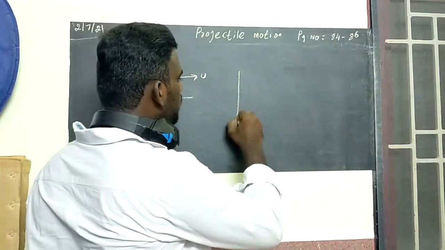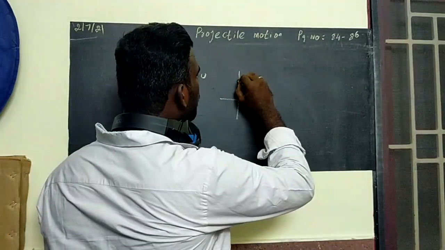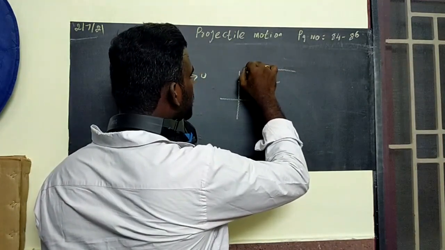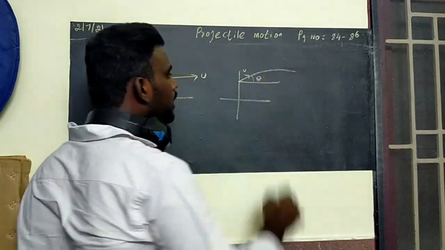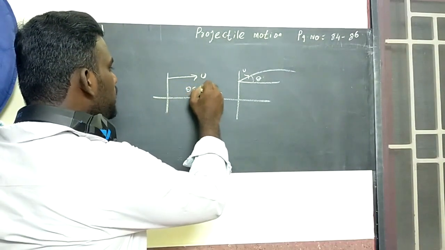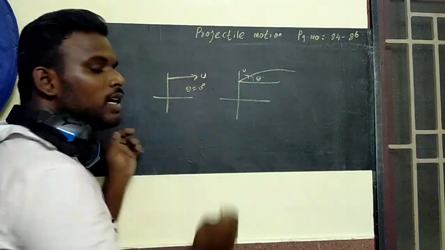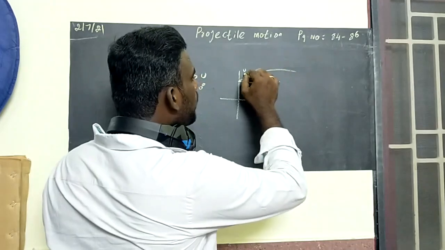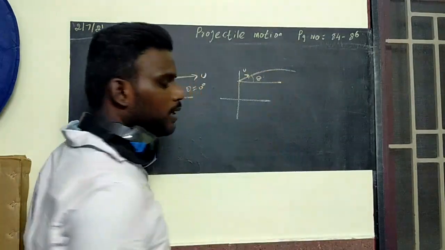And in the second one, we are throwing the body with some initial velocity, but here you can see that the initial velocity makes some angle theta. In the first case, theta equals 0 degrees, which means the angle between the point of projection and the horizontal is 0. But here there is an angle between the initial velocity and the horizontal.